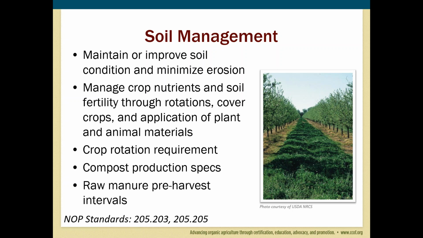If it hasn't met those specifications, it would be treated like raw manure, and raw manure has to be applied well before harvest, either 90 days before harvest or 120 days before harvest, depending on the crop. And you can imagine the food safety types of reasoning behind that requirement.